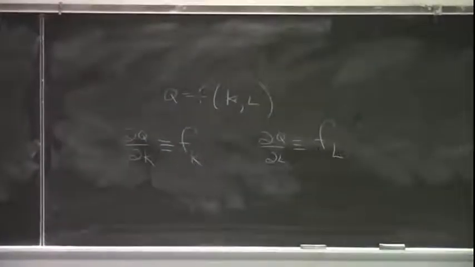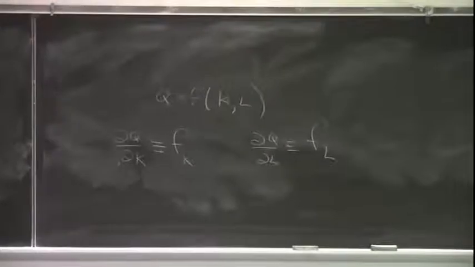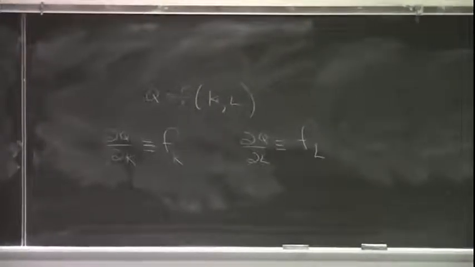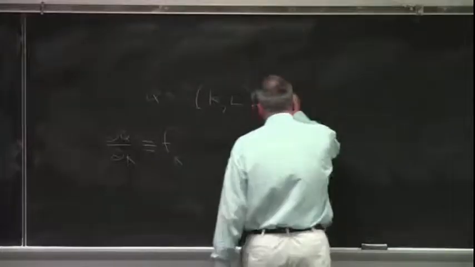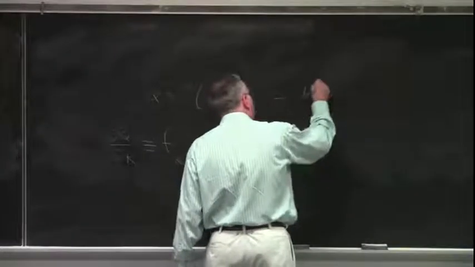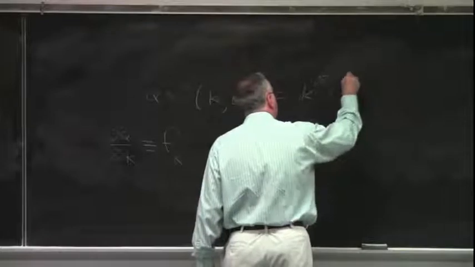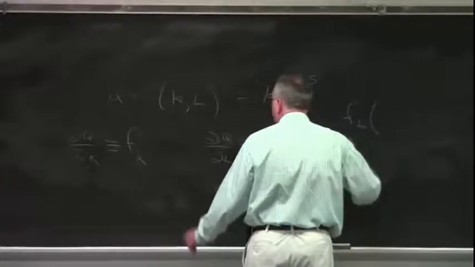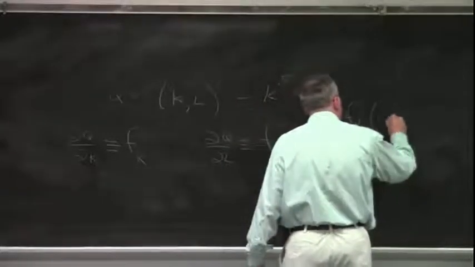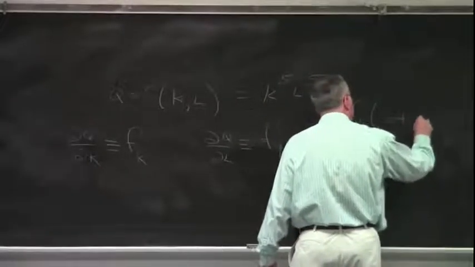Okay. And this notation we will find very convenient. Now, if you want to evaluate F sub L and F sub K at specific values of K and L, then you could just do it like this. For example, if this were our function, then you could say, what is the value of F sub L when K is equal to 64 and L is equal to 100?